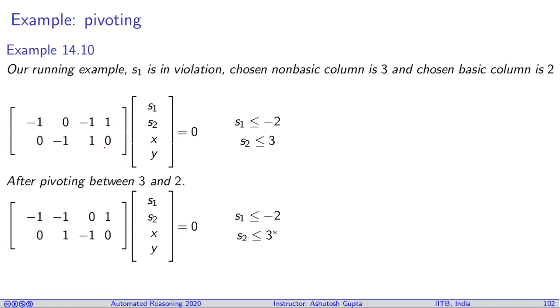So you pivot between column 3 and column 2, and if you do that, this guy becomes part of the basic variables, and these two become non-basic. Now you have a non-basic variable s2. Then you choose its value. If it has a bound, which is an upper bound, assign it 3. And you can see that, by virtue of pivoting, now we are satisfied.